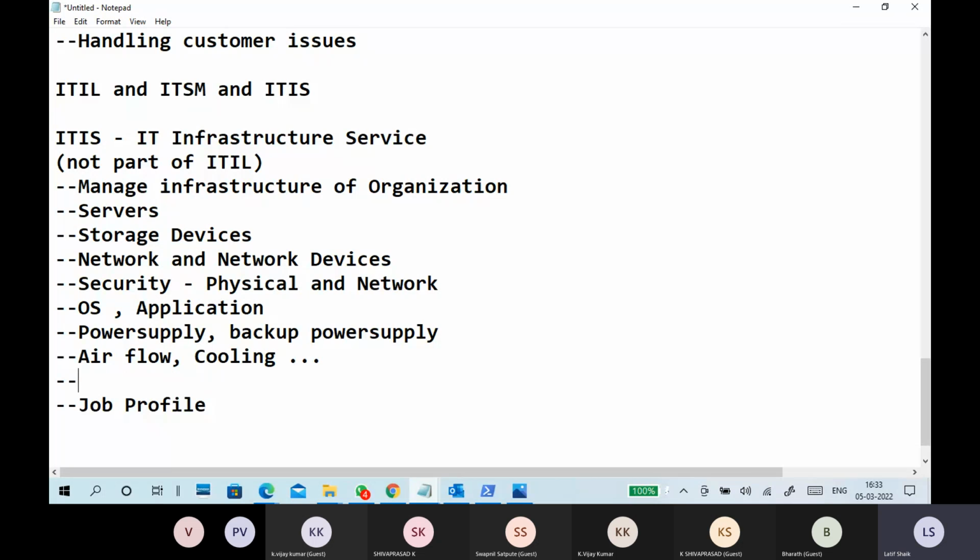Okay, like this. So physical environment. Okay, a physical environment, fire safety.